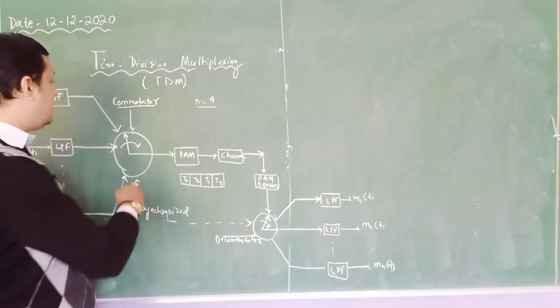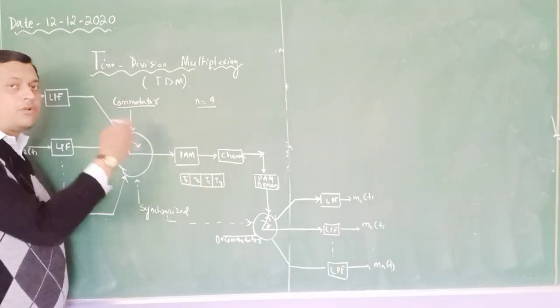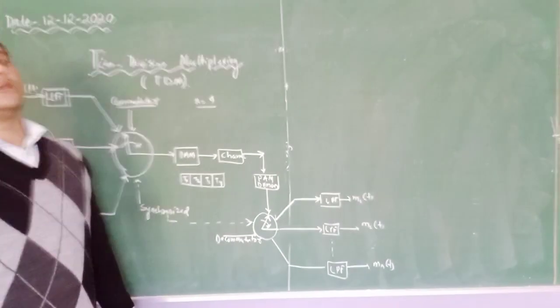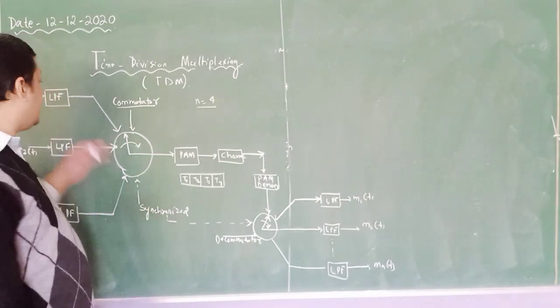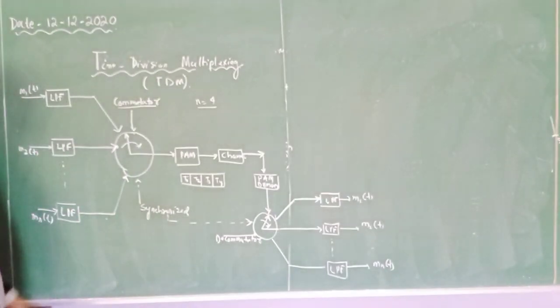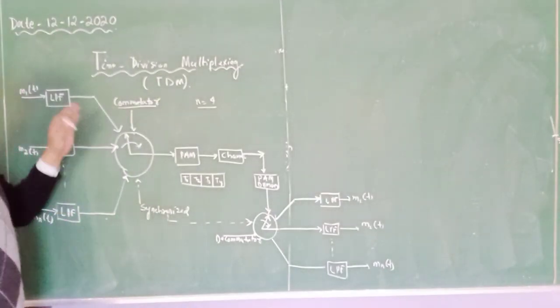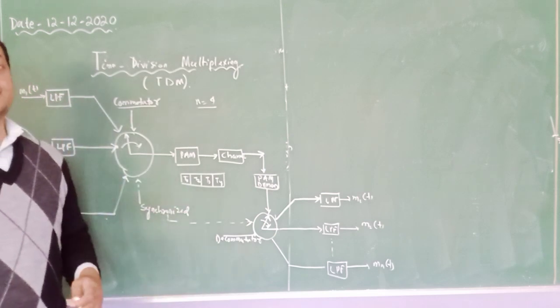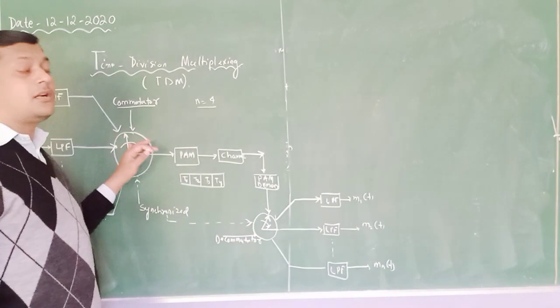Okay, so continuously this particular commutator will rotate, and this rotation depends upon the lowest frequency available in the given message content. It is a multi-tone signal, so we have to identify the minimum frequency at which this particular commutator will work.